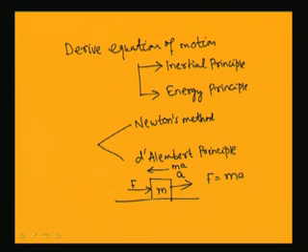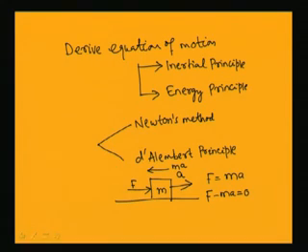So, according to D'Alembert principle, F minus m a equal to 0, where m a is considered as the inertia force. The summation of all the forces equal to 0 gives the equilibrium condition of a static system.